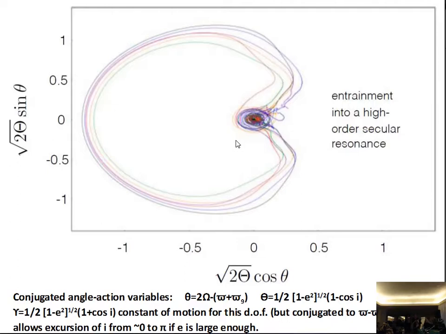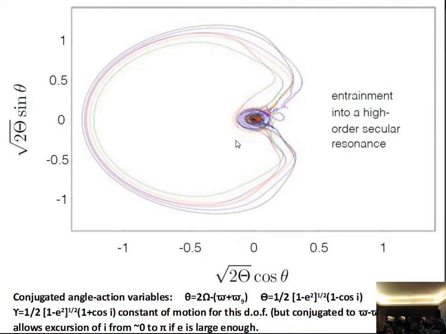If this harmonic were alone in the Hamiltonian, there would be a constant of motion, which would be this one. Now this is interesting because if the eccentricity is large, which is the case for all these elongated TNOs, this action is very small. So by trading off eccentricity with inclination, you can move the inclination from 0 to 180 degrees.